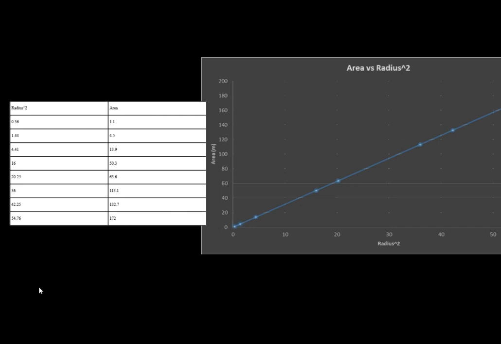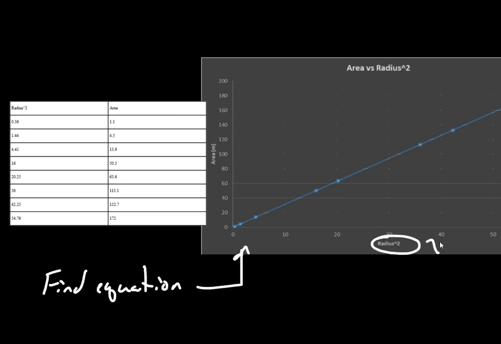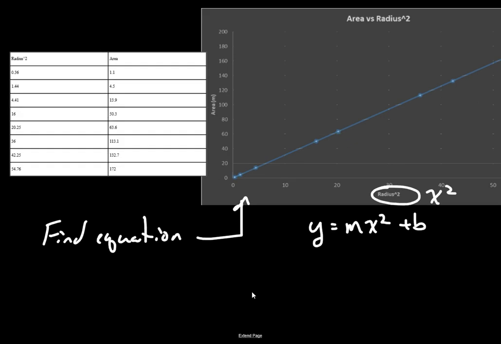So we're going to go find the equation for your straightened line. Just remember though, the x is actually now x squared. Okay, so what this will be then is y equals m x squared, since we squared this, plus a b value. Okay, so first things first, let's find m.